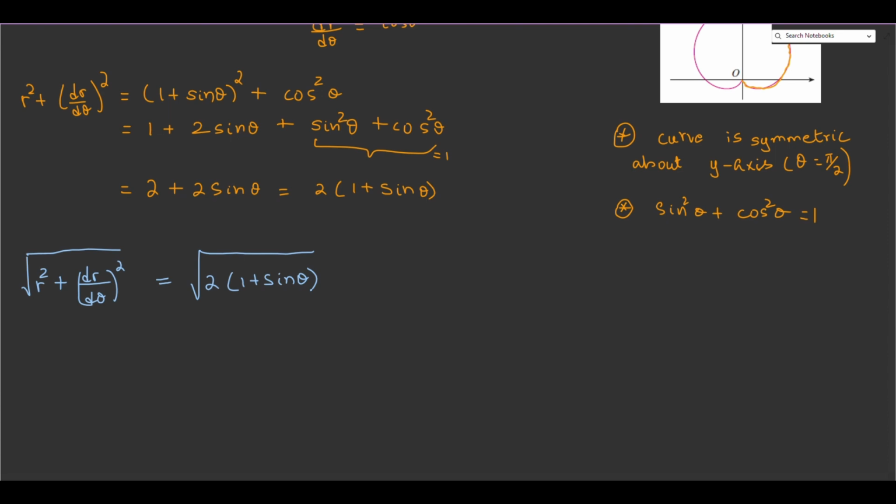The next question is, how can we integrate this? We don't have any formula to integrate this directly. This is the problem. First of all, you can take the square root of 2 outside, leaving the square root of 1 plus sine theta. So what we have to do is multiply by the conjugate.